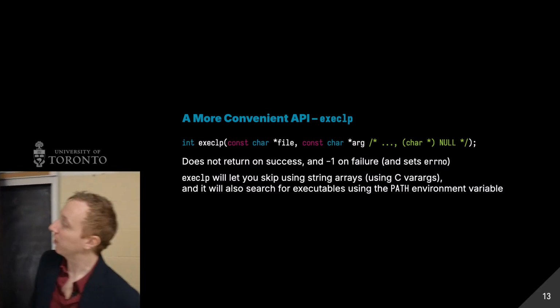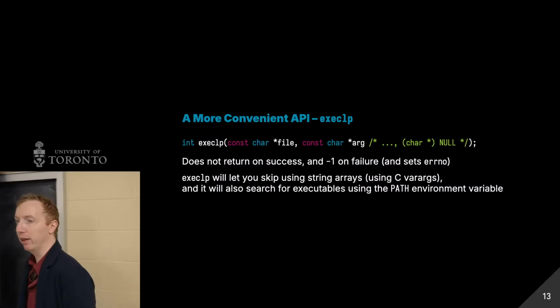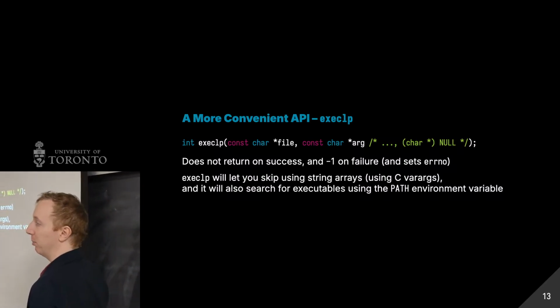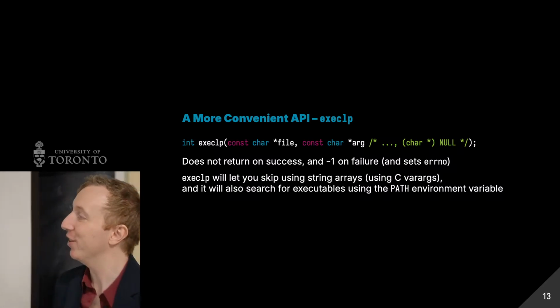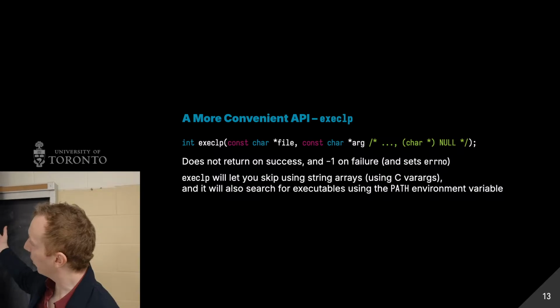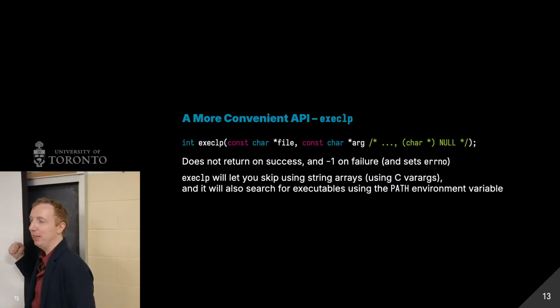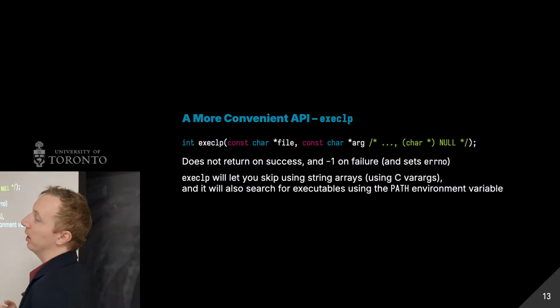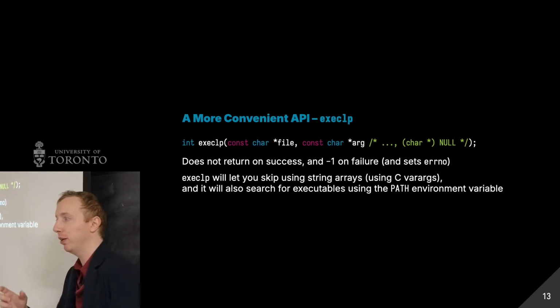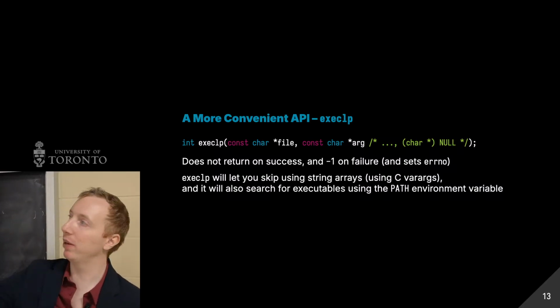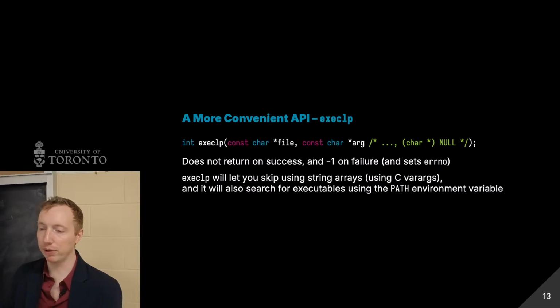So there are some other APIs we need, and spoiler alert, this is more or less lab 2, so pay attention. We saw execve before to run a different program. It was kind of a pain in the butt because we had to know exactly the path of the executable, where it was on our file system.